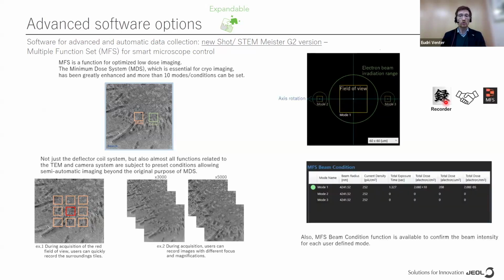This system also has a position assist function, which allows you to graphically confirm and set the field of view of your electron beam radiation areas, depending on which of your minimum dose systems you set up. So it basically allows you to have full control over where your sample is being exposed to dose.